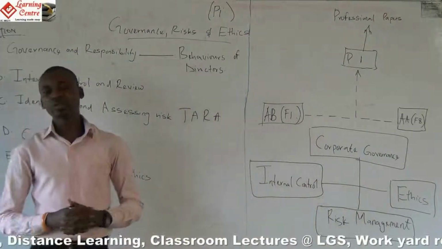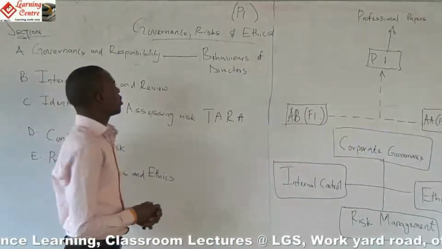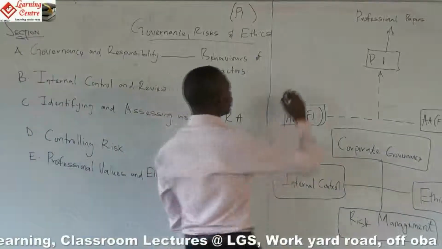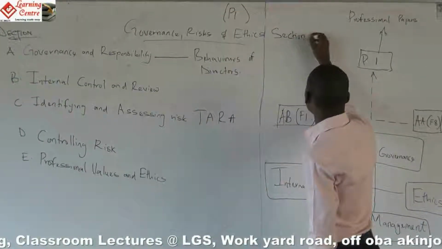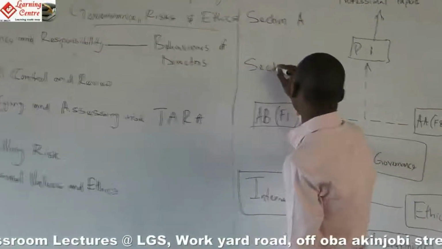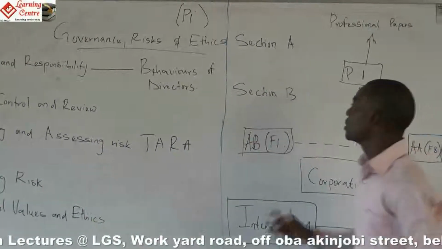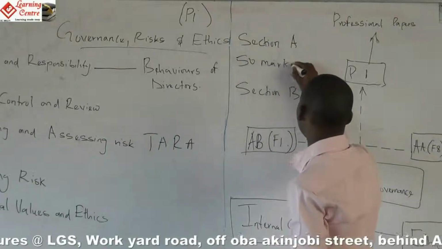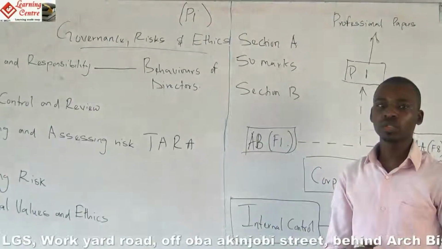The exam structure of the P1 syllabus, governance, risk and ethics, is going to be in two sections. Section A is a 50 marks question, and is always based on case studies.